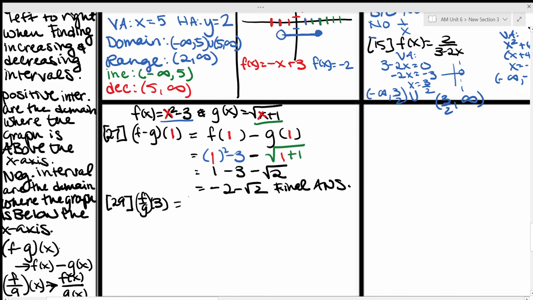Okay, this one means f of 3 over g of 3. Okay, so my f function is something squared minus 3. And the g is square root of something plus 1. But those somethings are 3.